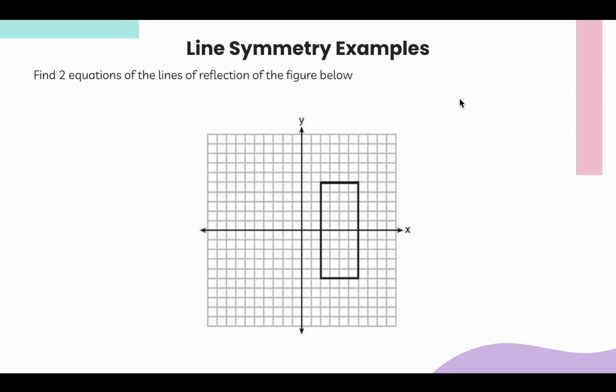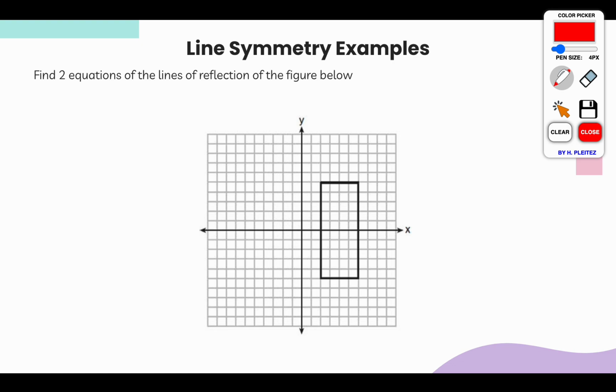So these are some examples that this course might ask you about. It might say, hey, find two equations of the lines of reflection of the figure below. Lines of reflection are the same thing as saying, hey, find the line of symmetry. These are the exact same thing. Now, your equation for this diagram is either going to be perfectly horizontal or perfectly vertical.